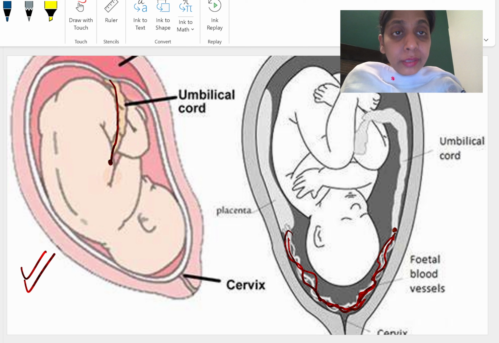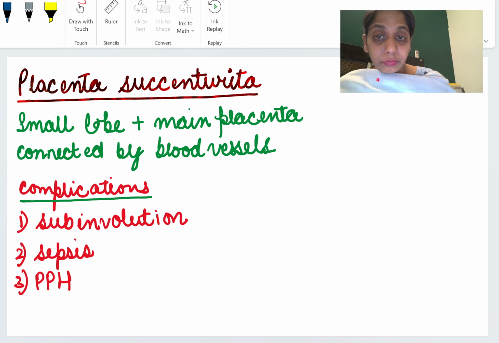Okay, so that was all about the filamentous insertion. In short, the succenturiata placenta is the placenta in which, in addition to the main lobe, there is a small lobe, and the complications it gives are usually secondary PPH, subinvolution, and sepsis. And this is a circumvallate placenta.